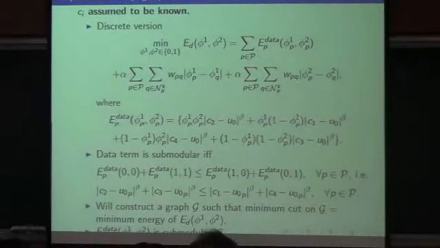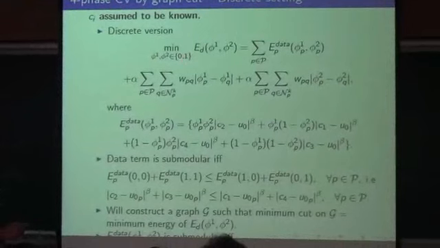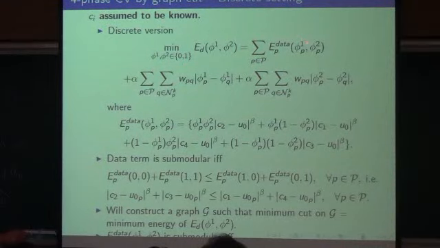So you use binary functions phi1, phi2, 0, 1. Here is a data term, given here, and here is an approximation of those two total variations: total variation of phi1, total variation of phi2. It depends on the neighborhood.